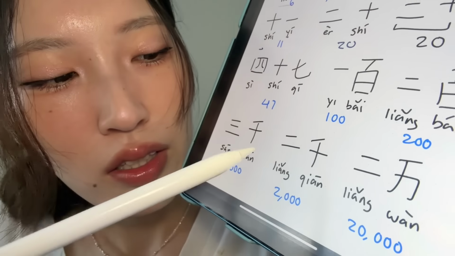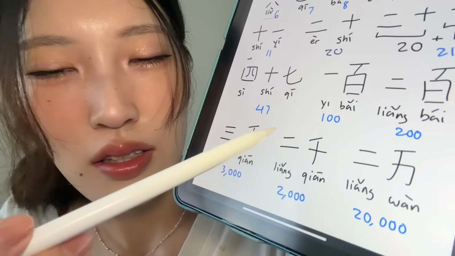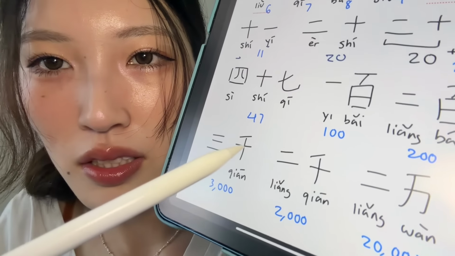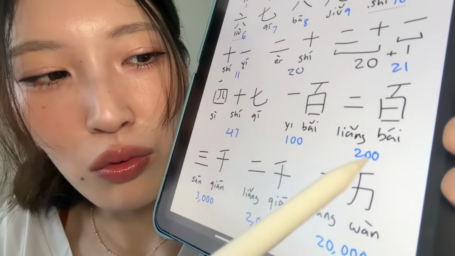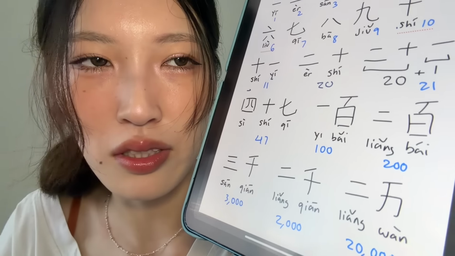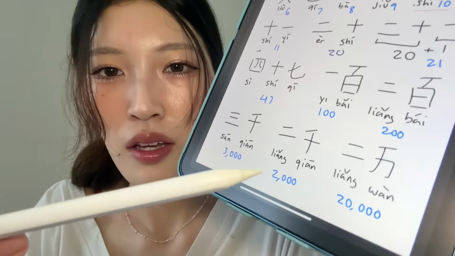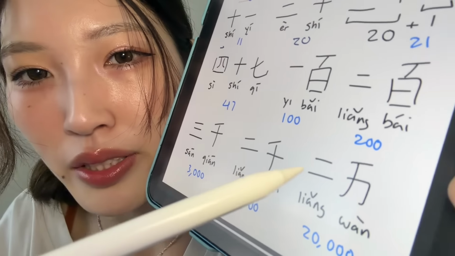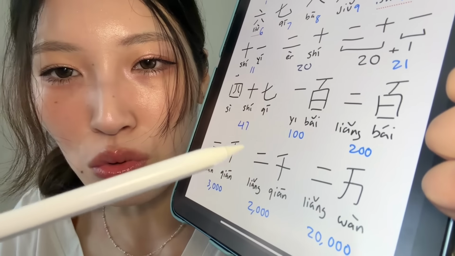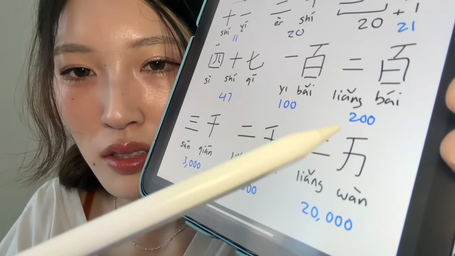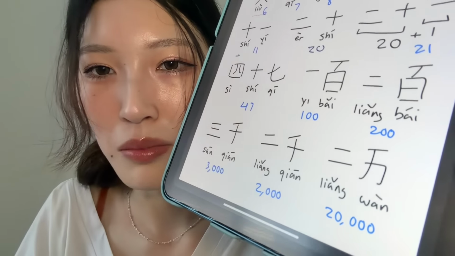Okay, 3,000. Once again, here R turns into 2,000. 万 refers to 10,000. Okay, a multiple of 10,000. So you could say 3万 or 4万, 5万. This just means a multiple of 10,000 pretty much.